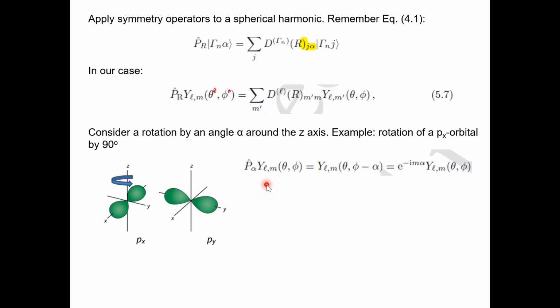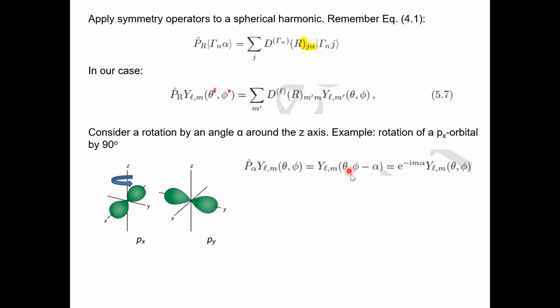And what is the resulting function when I rotate a spherical harmonic? It's easy to see that theta is unchanged. I don't change theta because the angle theta is the angle with respect to the z-axis, and I have to transform phi to phi minus alpha. You can think about it and figure out that this is the case.